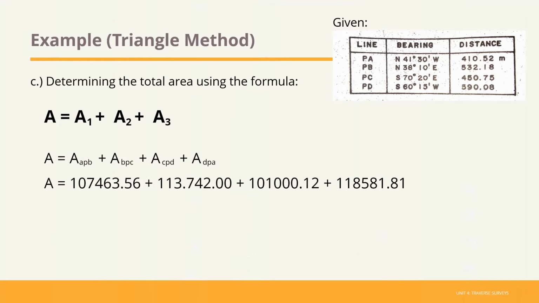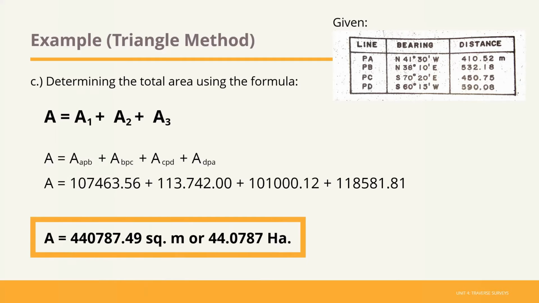In this case, the total area is computed by adding the area of the triangle APB, the area of the triangle BPC, the area of the triangle CPD, and the area of triangle DPA, which have the values 107,463.56 plus 113,742 plus 100,000.12 plus 118,581.81, which gives a total area of 440,787.49 square meters, or in hectares, 44.0787 hectares. So that's it for the triangle method.